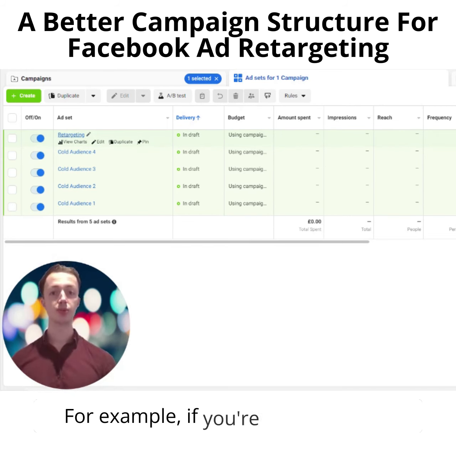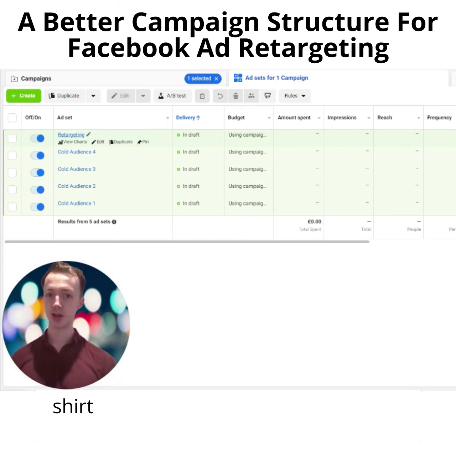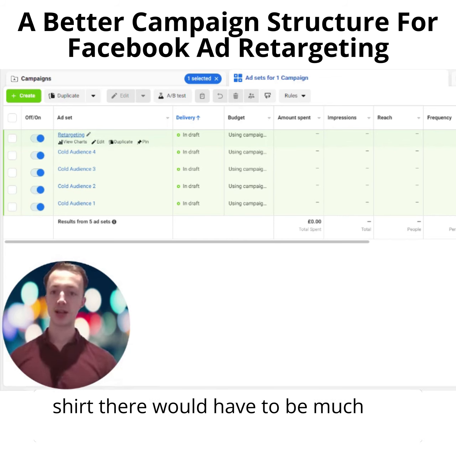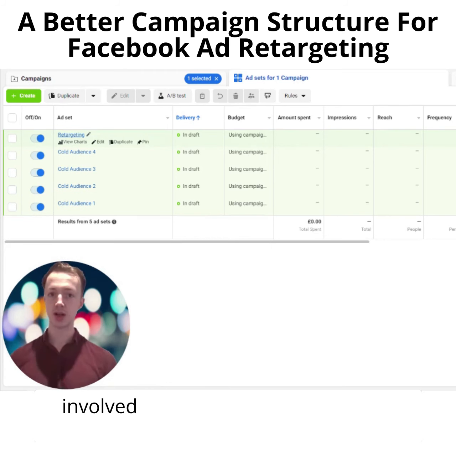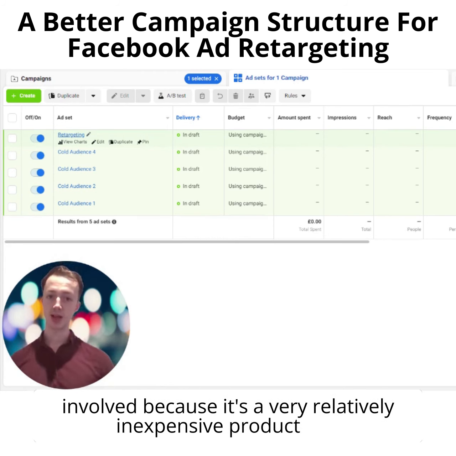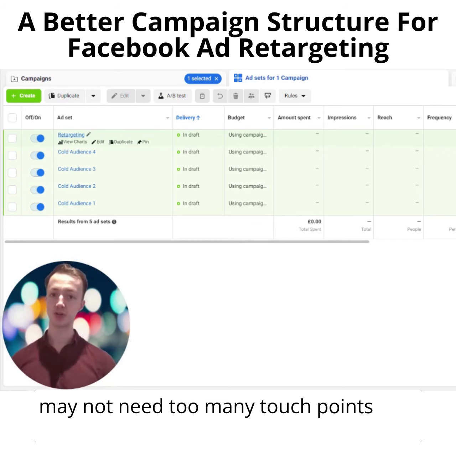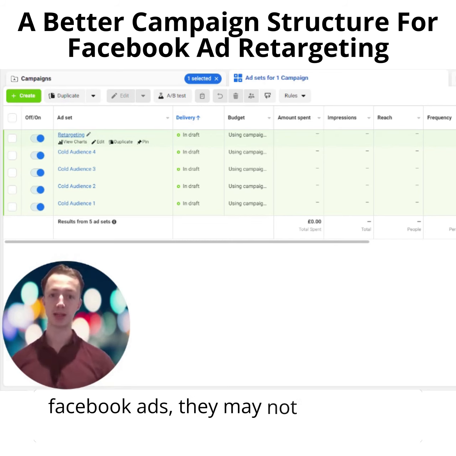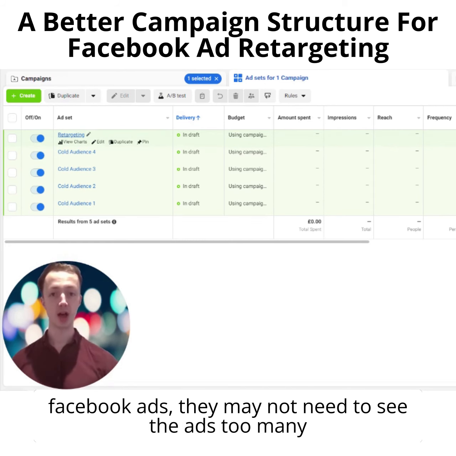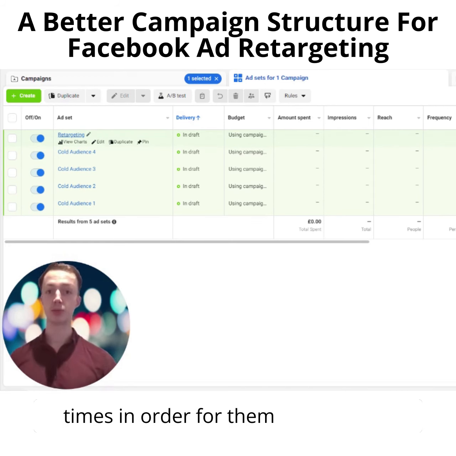For example, if you're selling a £20 t-shirt, there would have to be much less retargeting involved, because it's a relatively inexpensive product and may not need too many touch points with your Facebook ads. You don't need to see the ads too many times in order to purchase.